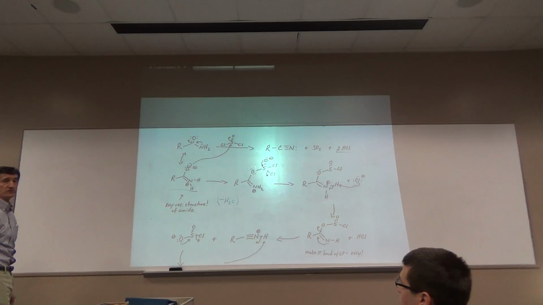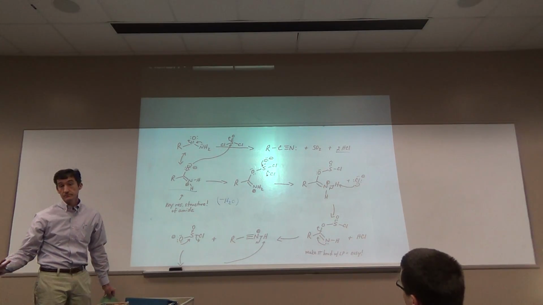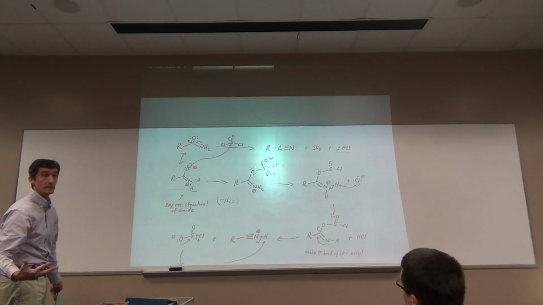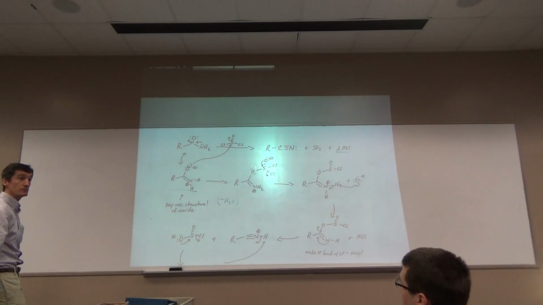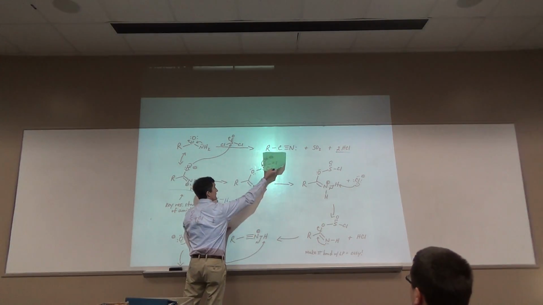It's an interesting reaction. You may never have imagined this. Hopefully when you see the mechanism, it looks pretty straightforward. Some basic concepts we've been doing. And this is a common reaction of primary amides, to dehydrate them, to essentially remove H2O to make the nitrile.